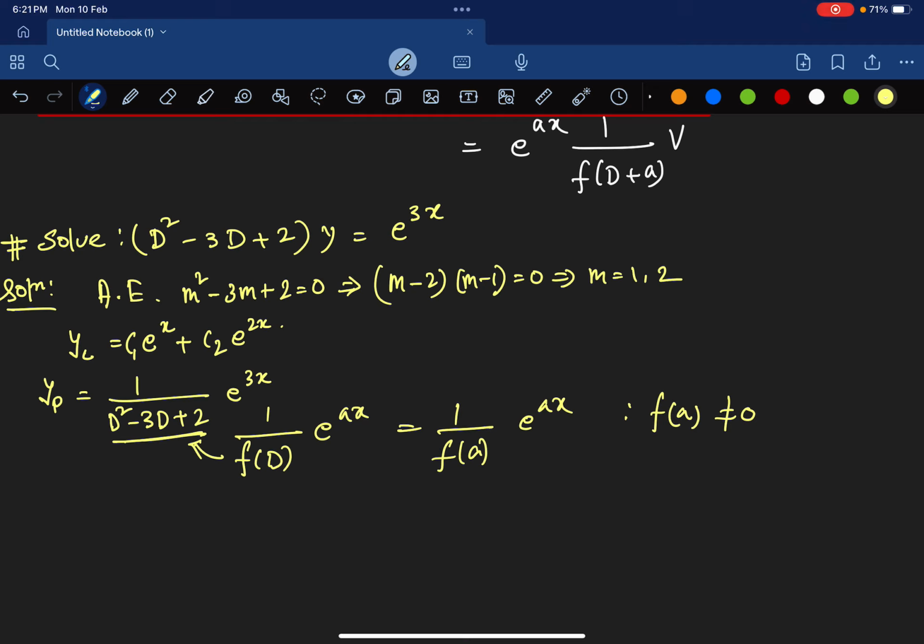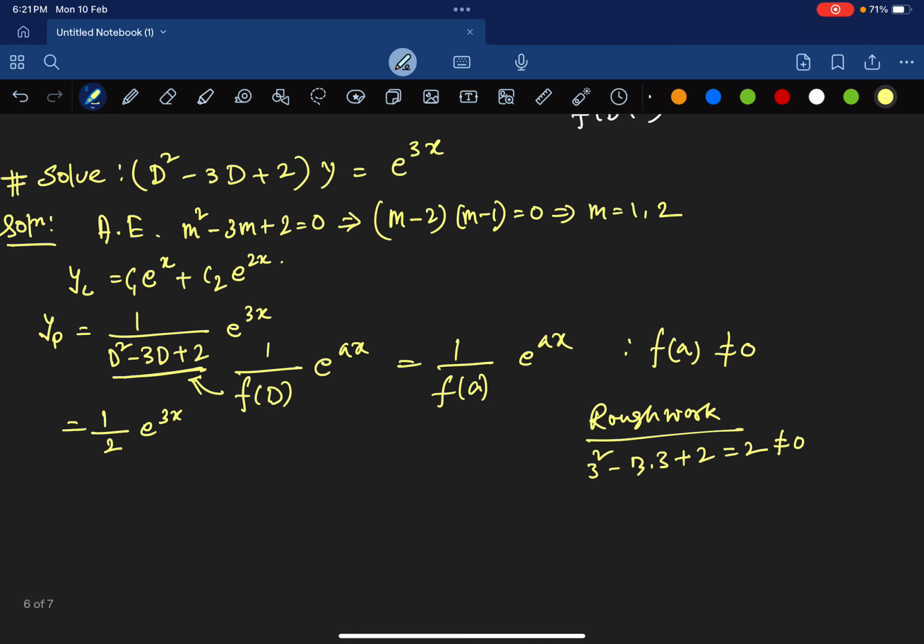If non-zero, immediately you will get the answer. So in the rough you should check this thing. That is d square means 3 square minus 3 into 3 plus 2, that is 2, which is not equal to 0. So immediately you can put this value, that is 1 by 2 e power 3x.